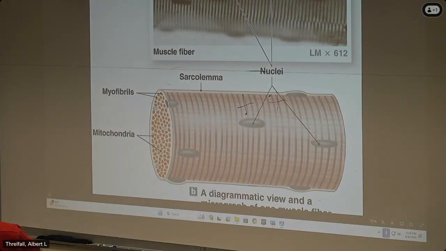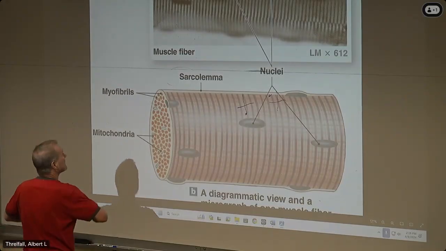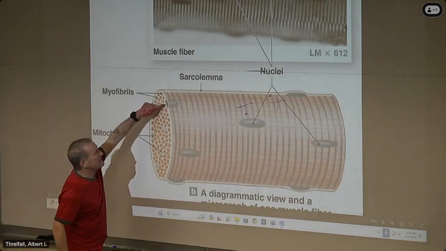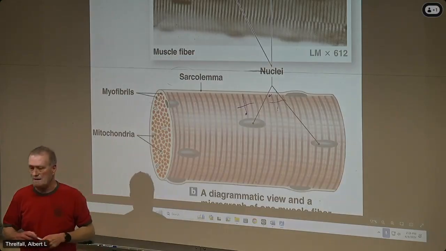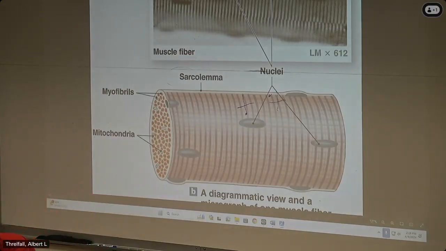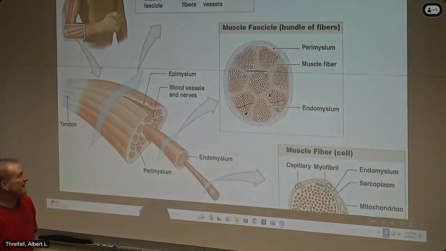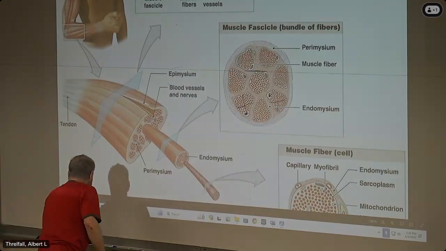But when we cut the muscle in cross-section, all we see are things like we see right here. Peripherally located nuclei. So that's what all of those green spots are.